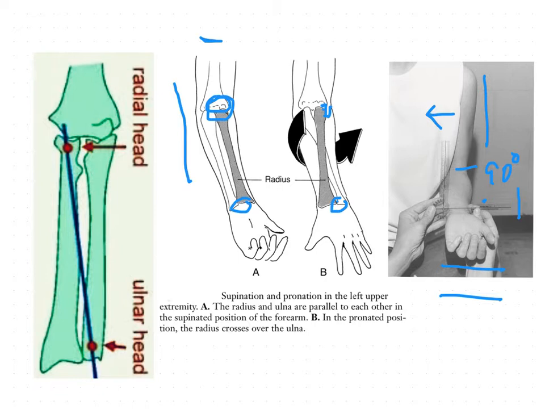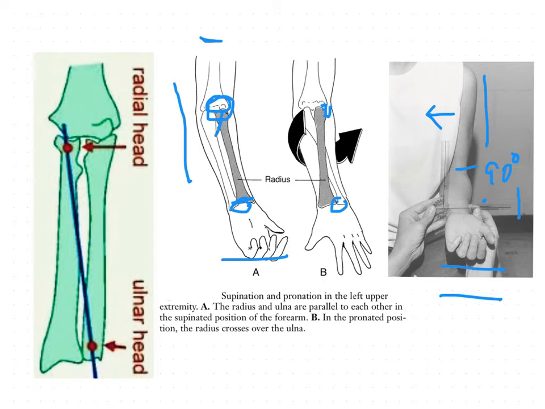And supination is limited by the passive tension in the palmar radio-ulnar ligaments and the oblique cord. Here you can see this oblique cord. So the oblique cord and the palmar radio-ulnar ligaments are going to limit the supination.